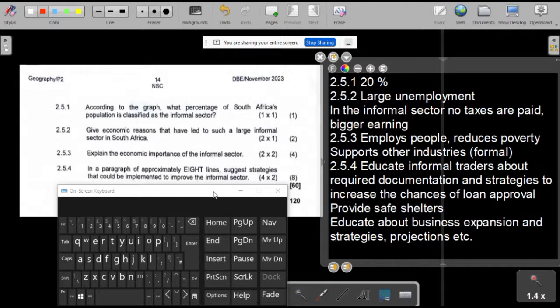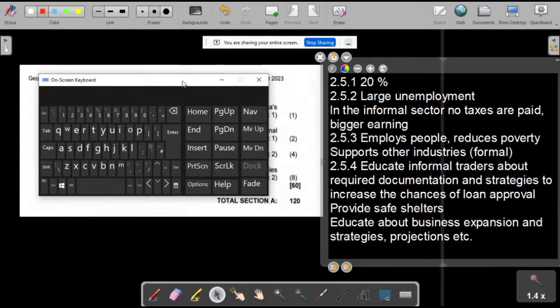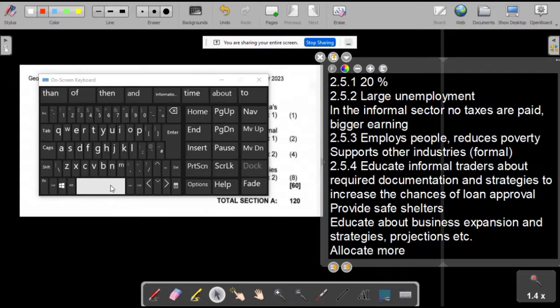And we can also allocate more areas, because a lot of areas are restricted, like they're restricted for hawkers.